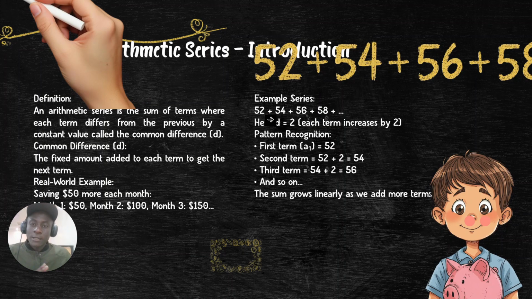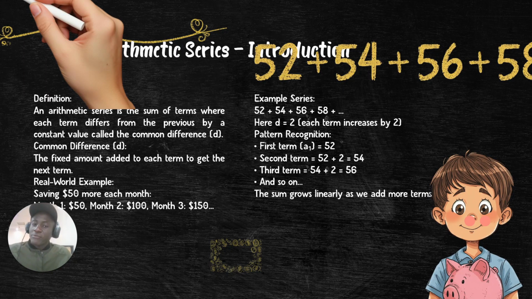So, arithmetic series introduction. In this we are going to work with sigma notation so that you are able to understand it better. Let us define what an arithmetic series is.